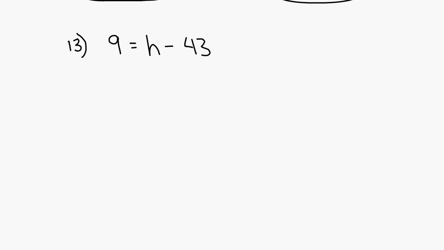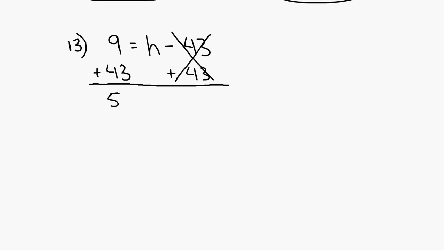First step, Xavier. Positive 43. Add 43 to each side. Very good. So we're going to add 43, and we're going to add 43. The 43s cancel each other out. 9 plus 43 in the calculator. 52. 52 is equal to H.